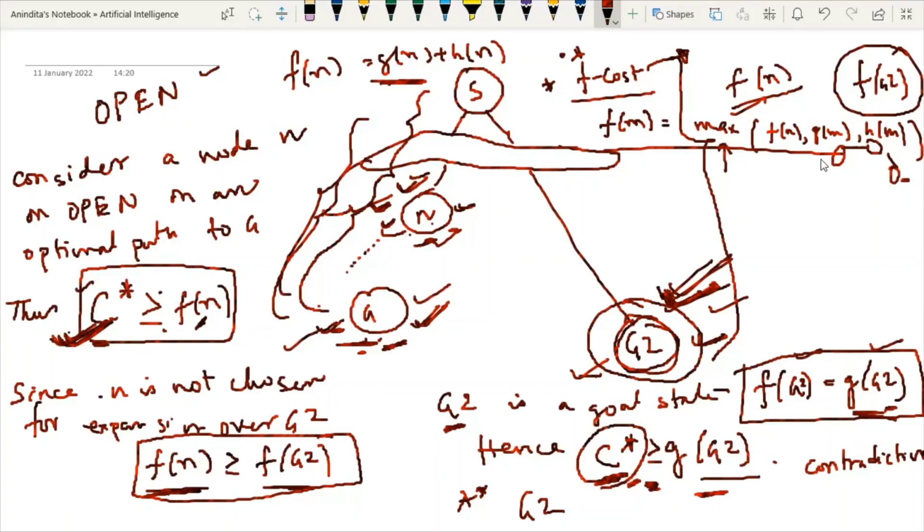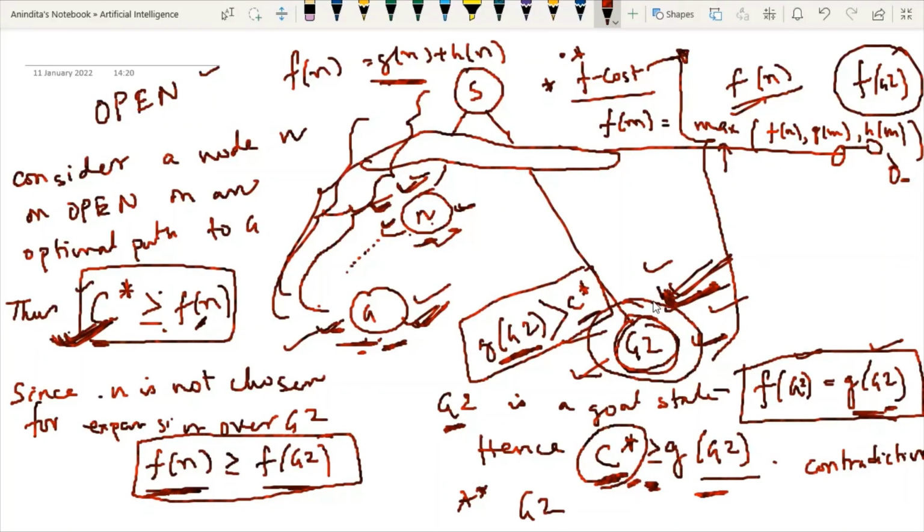After stating this line, you have to state two considerations. That is, what is G? G is the optimal goal, and here you are creating another goal, that is G2, which is a suboptimal goal state. And for the suboptimal goal state, you have to remember this point: if C star is the optimal cost, then the meaning of suboptimal goal is that the value of this one is always greater than C star, the optimal cost, right?